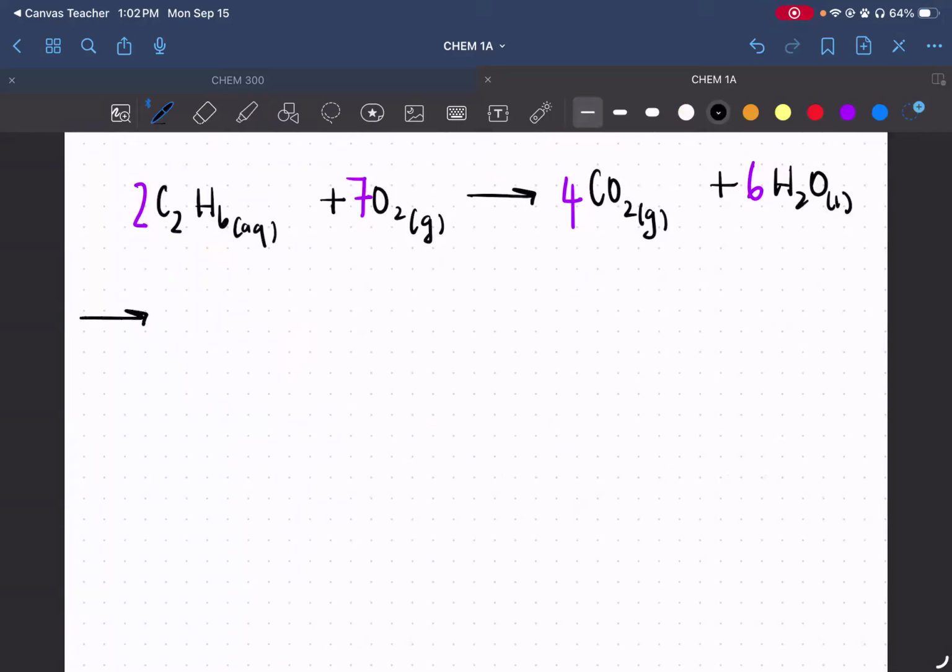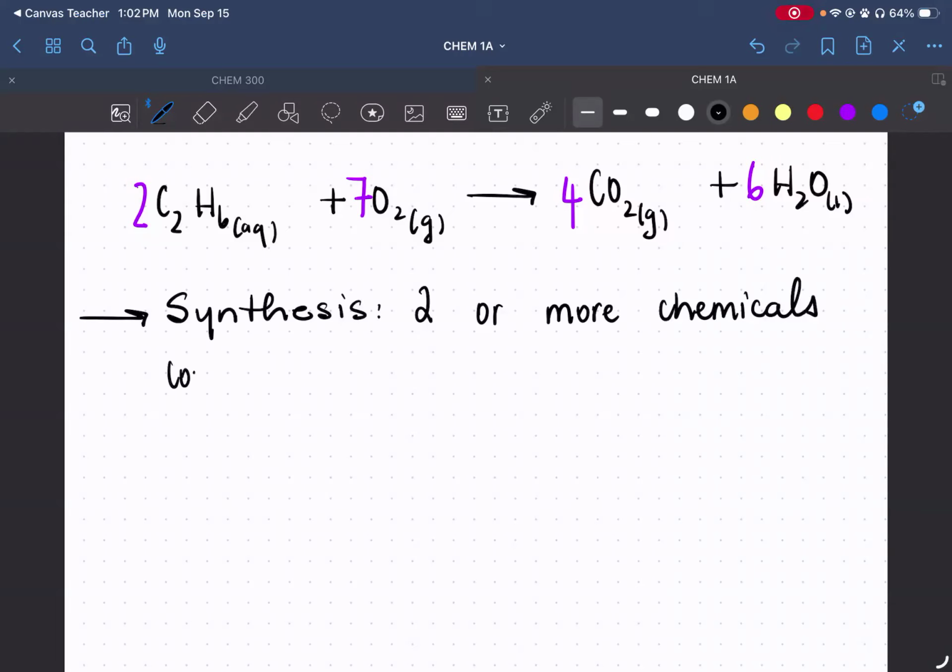Next up, synthesis. Synthesis is the most straightforward one. It's the idea of 2 or more chemicals combining into one.